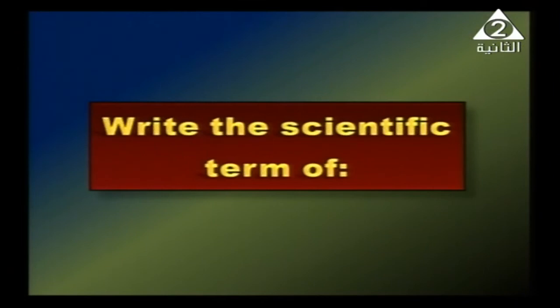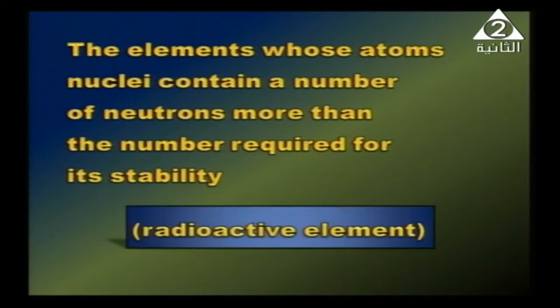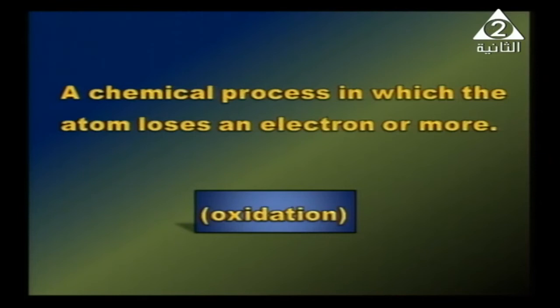Another type of question: write the scientific term of. The elements whose atoms and nuclei contain a number of neutrons more than the number required for their stability: radioactive or unstable atoms. Chemical process in which the atom loses an electron or more: oxidation.